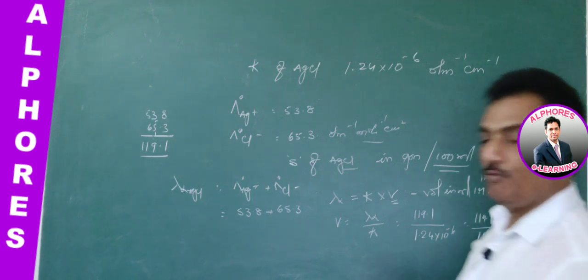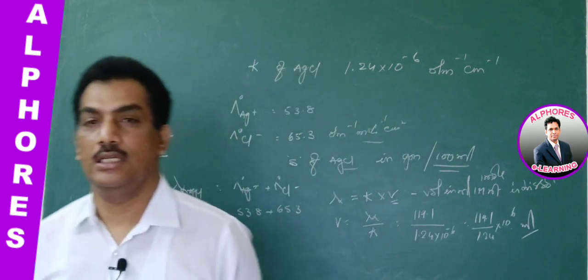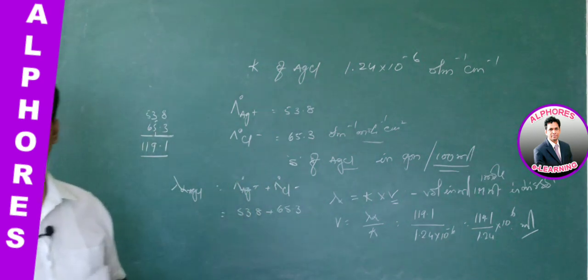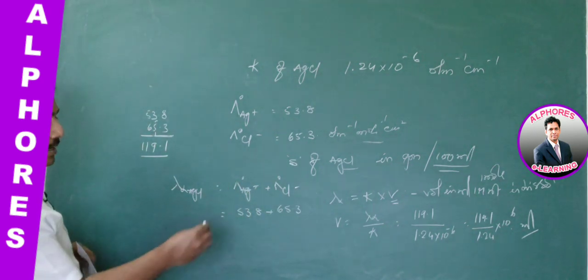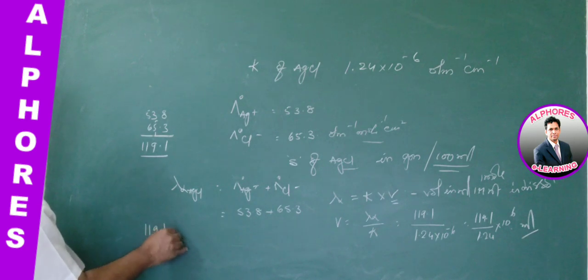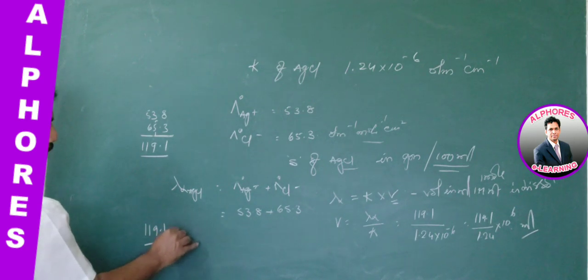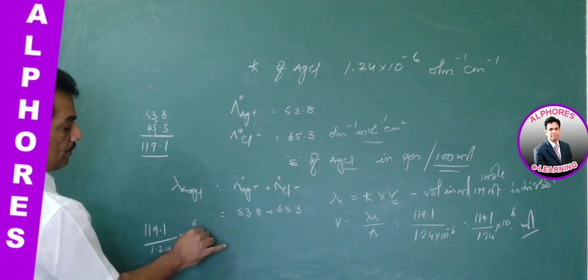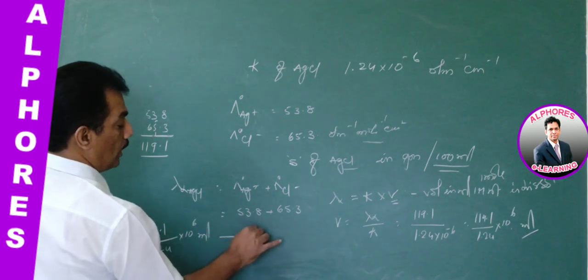This is the volume where 1 mole of AgCl is completely dissolved. Clear? So this much volume, 119.1 by 1.24 × 10^-6 ml, has 1 mole.